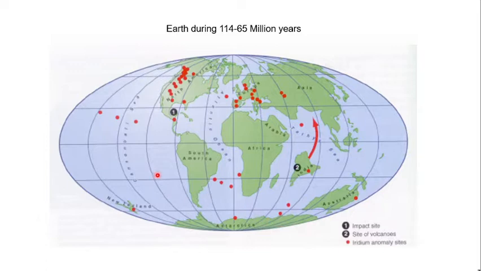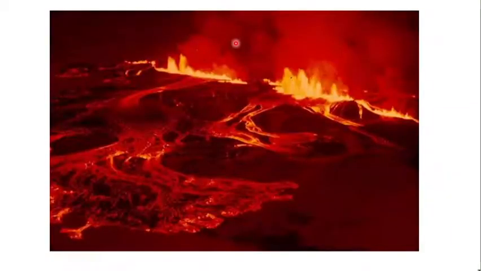This map shows the position of the Indian subcontinent, where the red dots mark the locations where scientists have documented evidence of these huge meteoritic events. That is the time of the late Cretaceous period.